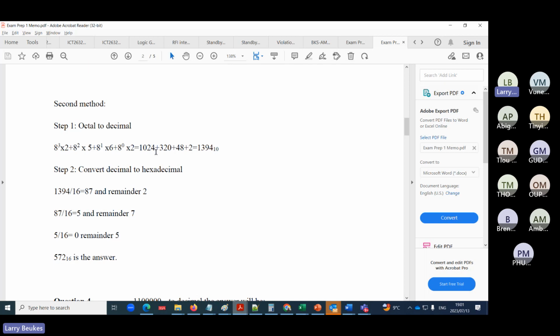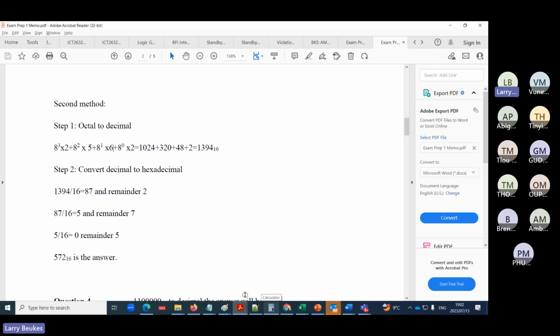Then here, 6 multiplied by 8 is 48. 5 multiplied by 64 is 320. Then 2 multiplied by 128.